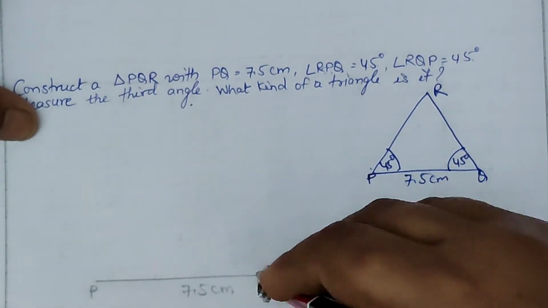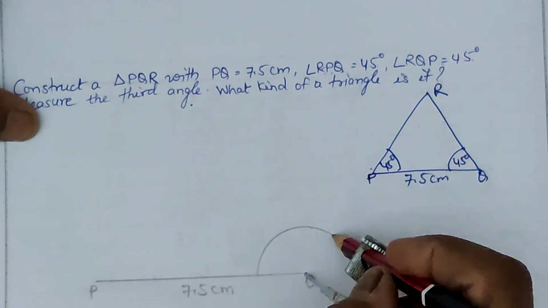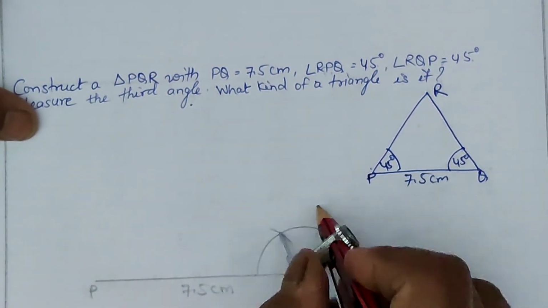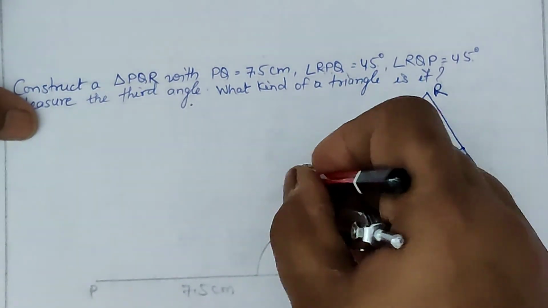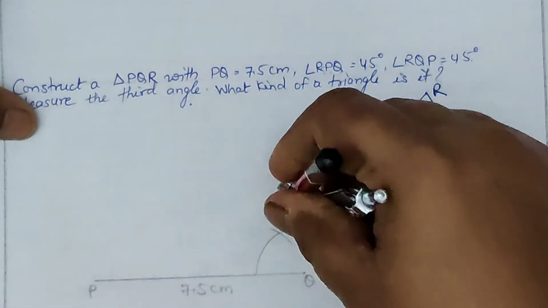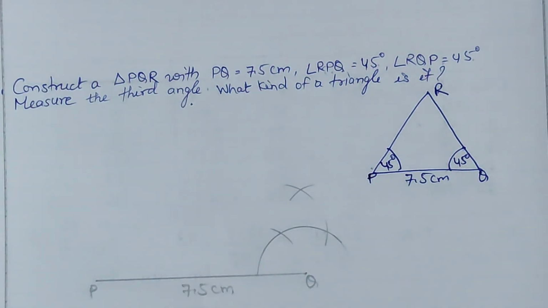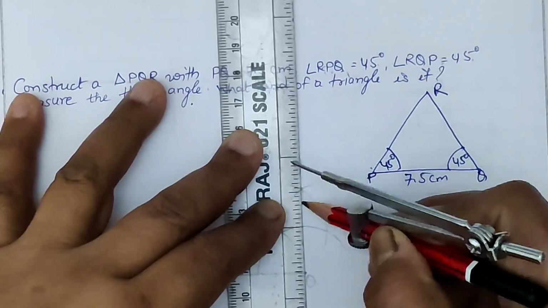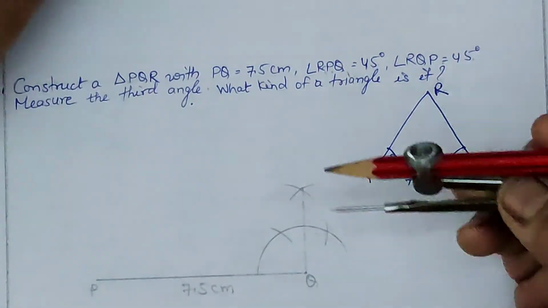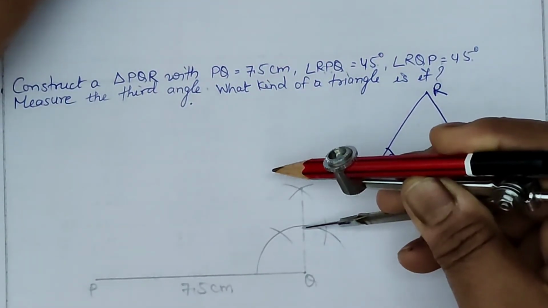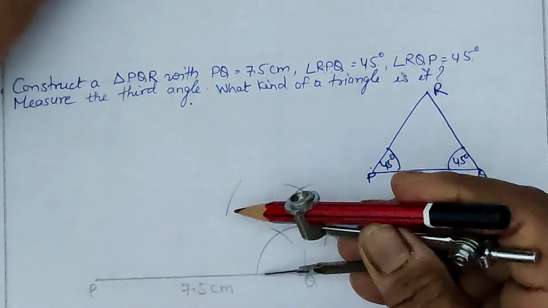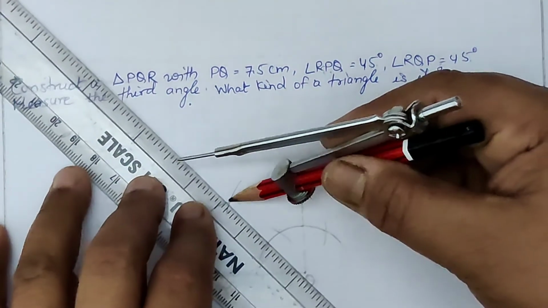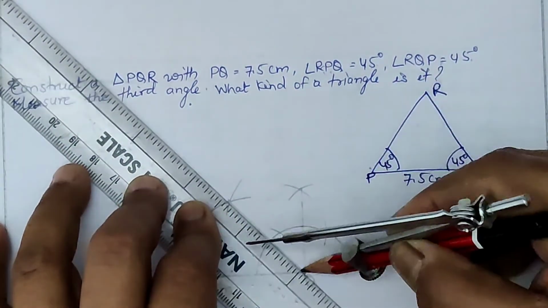First at Q, for 45 degrees, first we have to draw 90 degrees, and then bisect 90 degrees. This is 90 degrees and bisect it. This angle is 45 degrees.